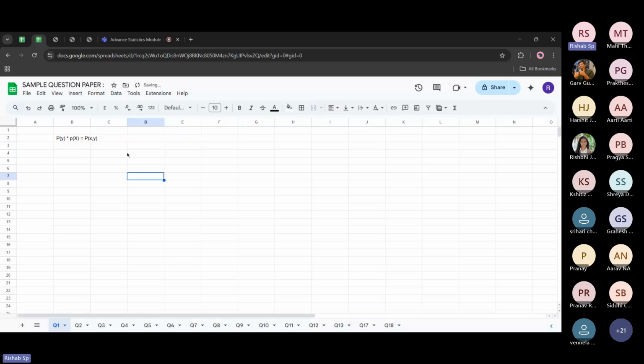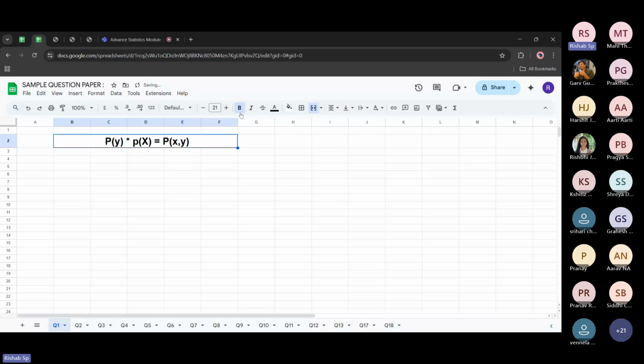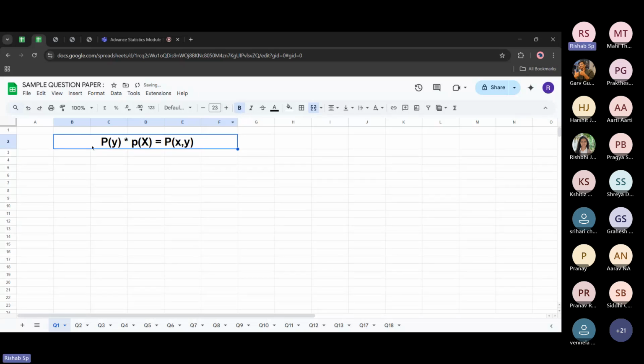This is the main equation for this question. Main rule: we have to find if P of y into P of x is equal to P of x, y. If so, then it is independent. If it's not equal, it's not independent.